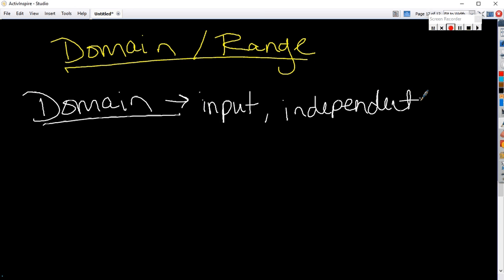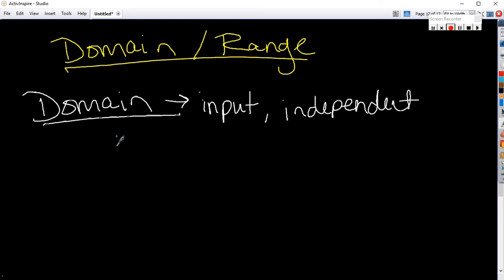So if domain is the input or the independent variable, that means that domain is which variable? Which one is that? The one that changes, which is the x. It's the x. Y'all are going way over the top with that. I just wanted you to say the x variable.